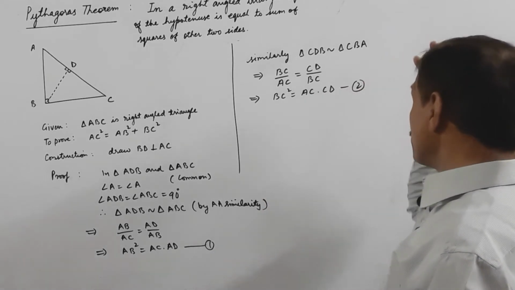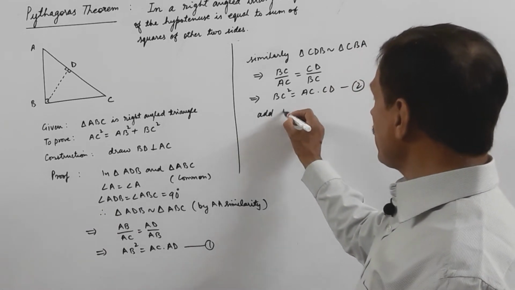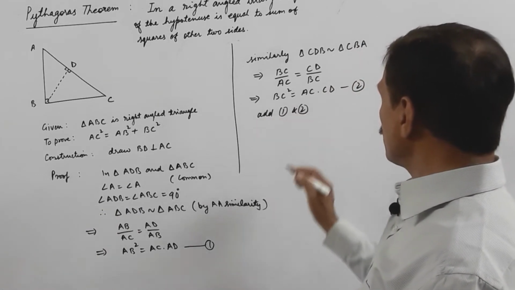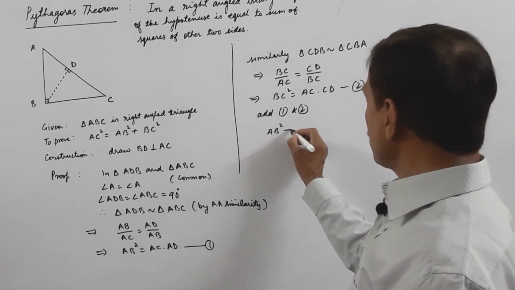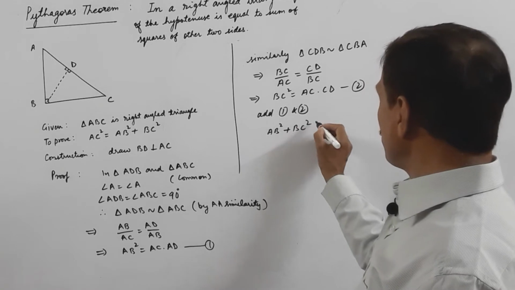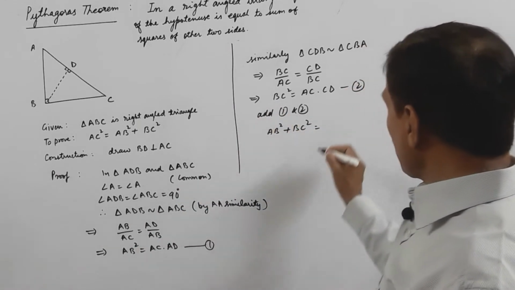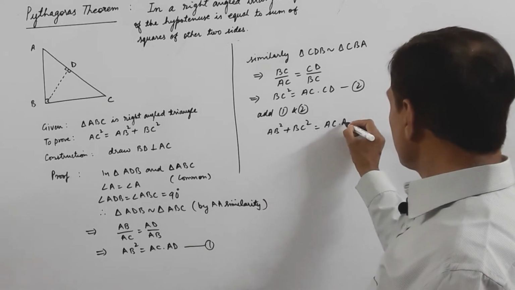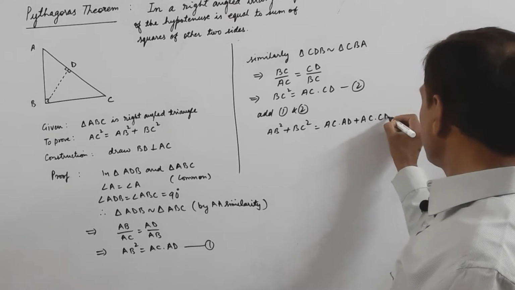This is 2. Now we add 1 and 2. We get AB square plus BC square is equal to AC AD plus AC CD.